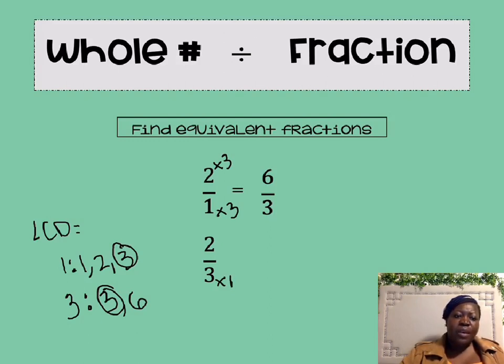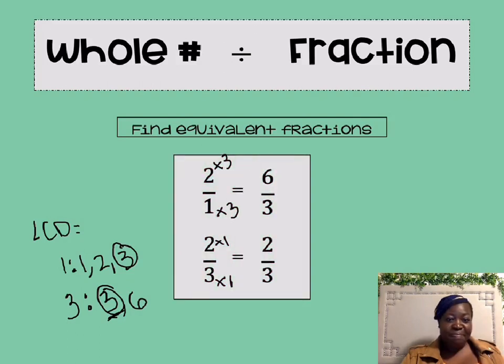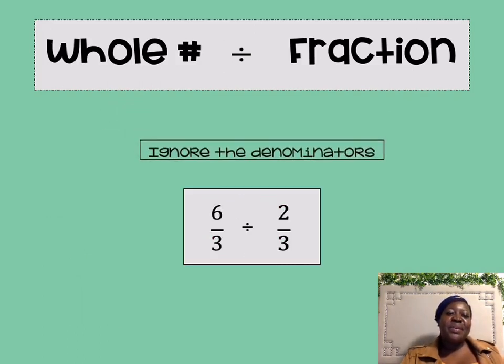And then you can ask yourself, how many times did you add 3 over here? You added it 1 time. 2/3 is the same thing as 2/3. And now we are going to ignore our denominators because our denominators are the same.